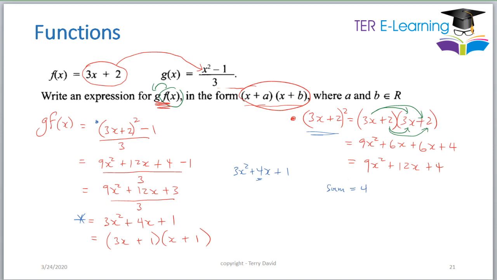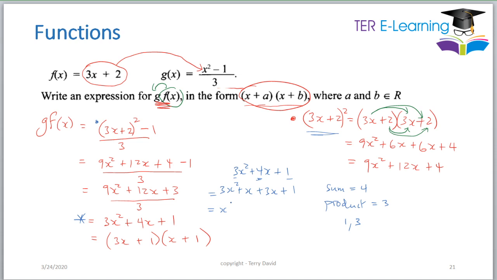So the sum is 4, and the product is equal to 3, right? So those two numbers would be 1 and 3. So therefore we will write 3x squared plus x plus 3x plus 1. So therefore we factorize by grouping.